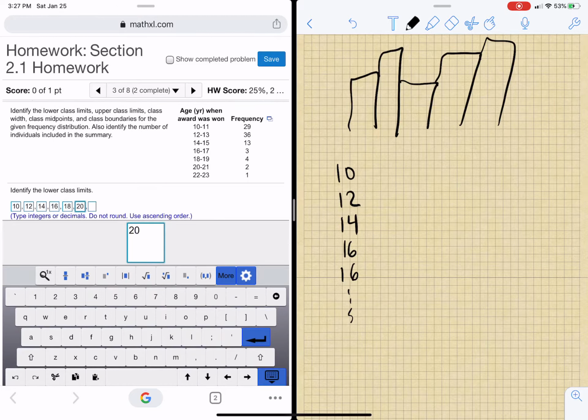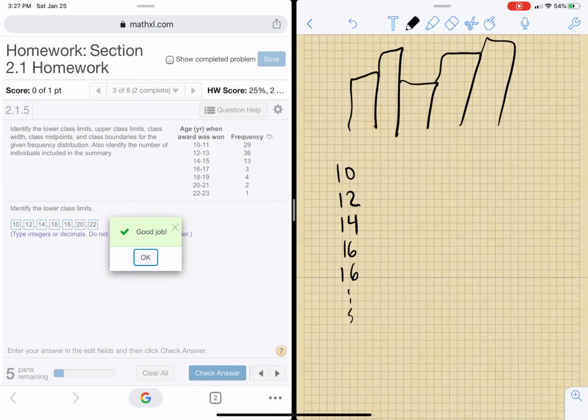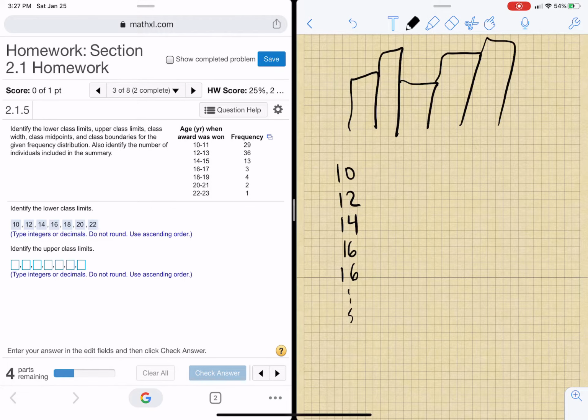Definitely fast forward through this stuff if you'd like to. Okay, now upper class limits are just the upper parts of these, so 11, 13, all the way down.